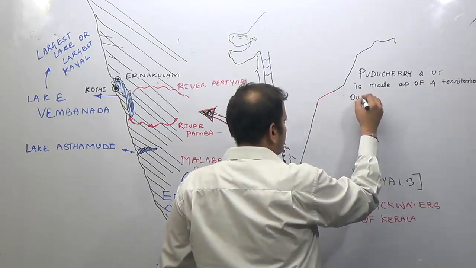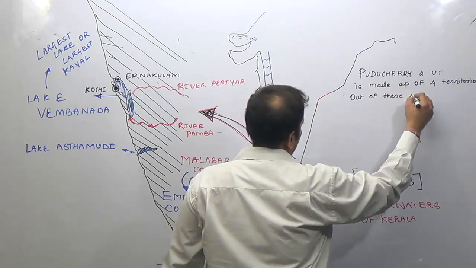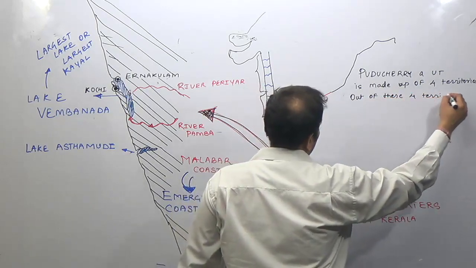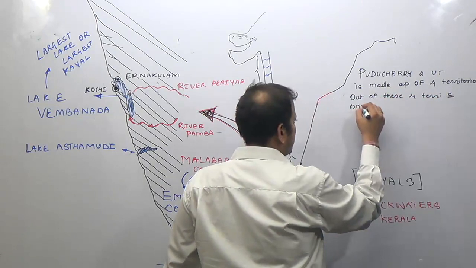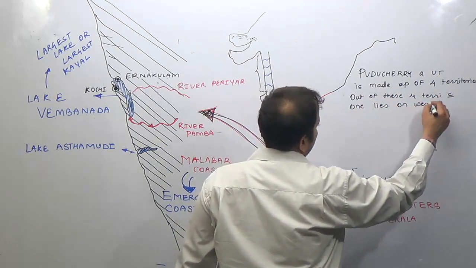Out of these 4 territories, which one lies on the western coast of India?